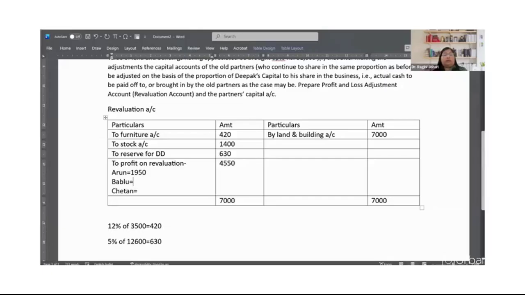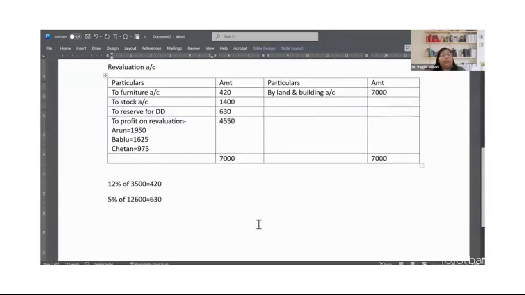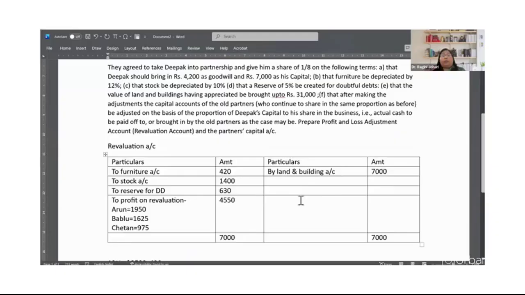For Bablu, this comes to be 1,625, and for Chetan, this comes to be 975. So this is the revaluation profit which has been distributed among the partners in their profit sharing ratio.